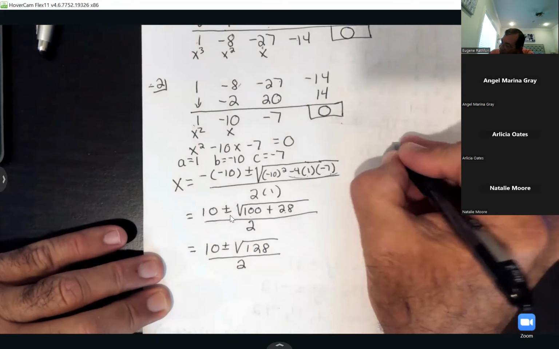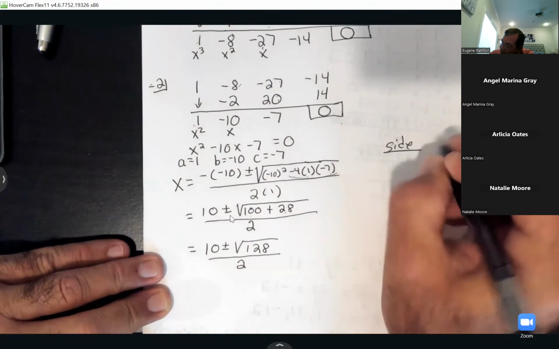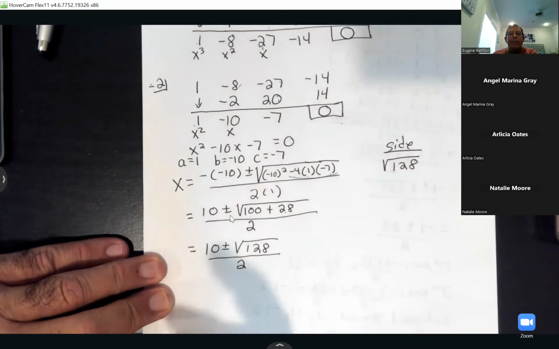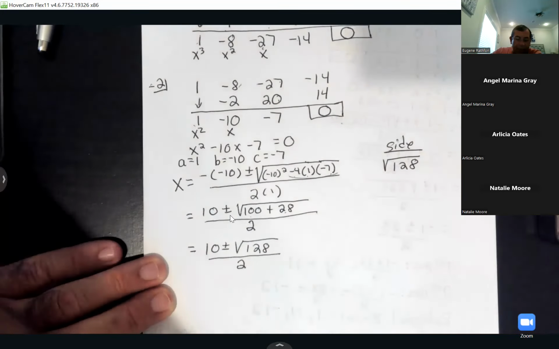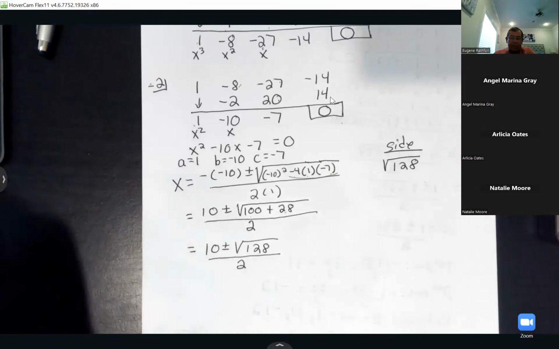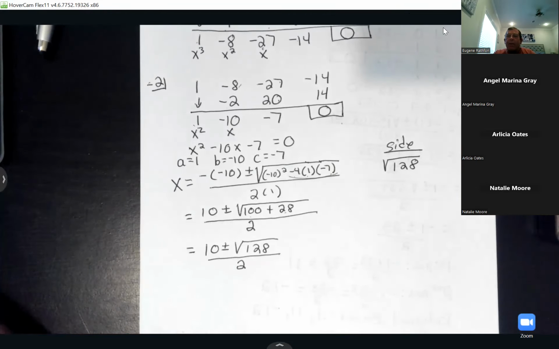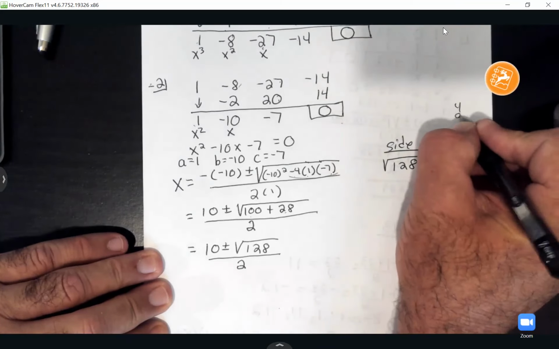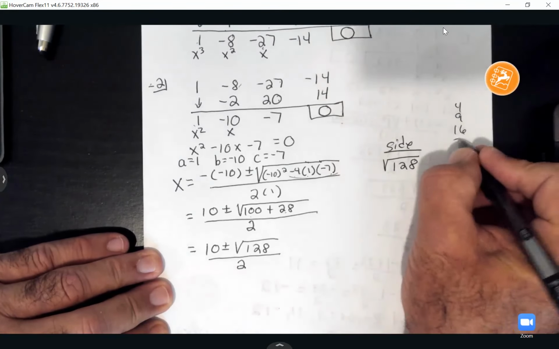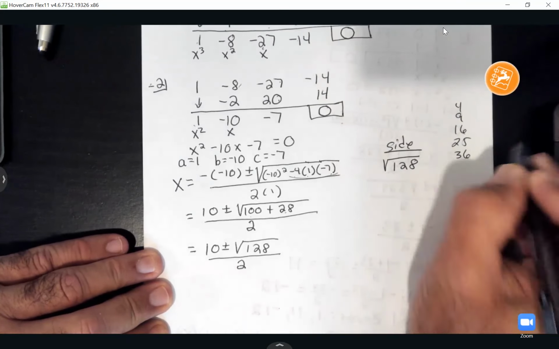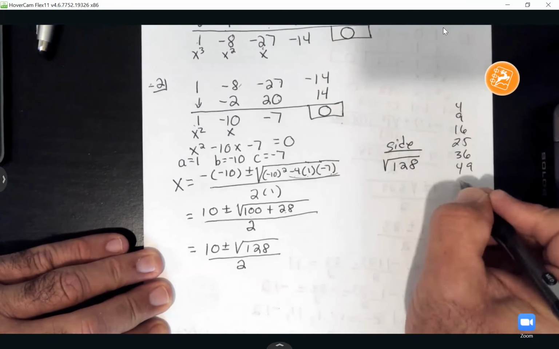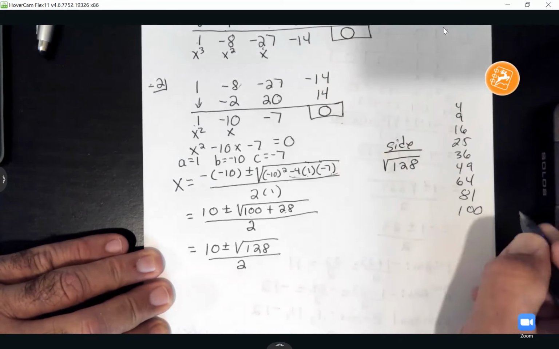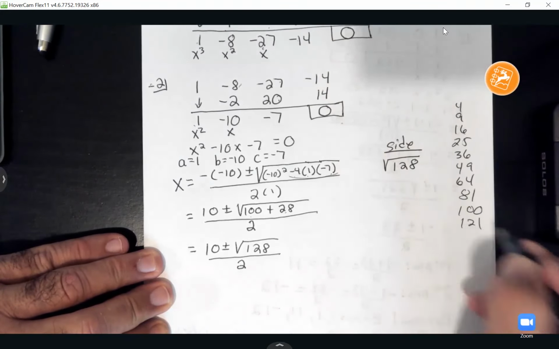So on the side here, what I've got to figure out is what the square root of that 128 is going to simplify to. Now, let me move something out of my way here. Remember these numbers: 4, 9, 16, 25, 36, 49, 64, 81, 100, what's next? 121.